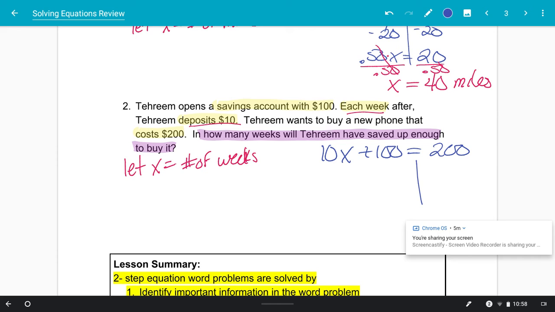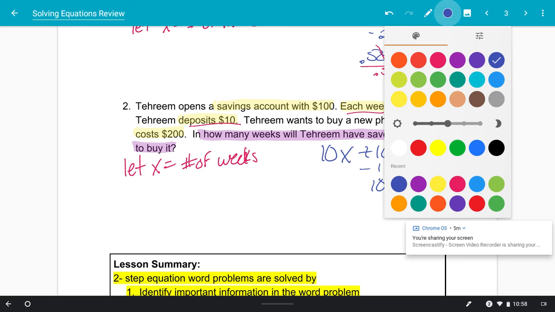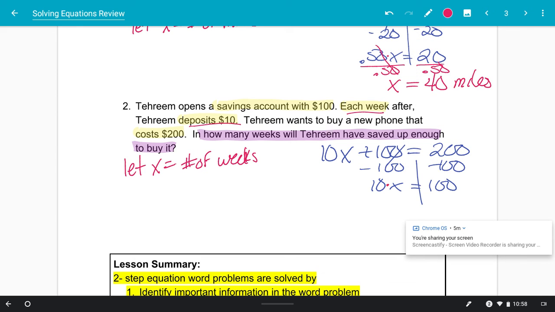So working backwards, I'm going to subtract the 100 from both sides. 10x, giving us 200 minus 100, giving us 100. All right, again, we are held together with multiplication, so we can undo that with division. And 100 divided by 10, giving us 10. And it's 10 what? We're talking about x is the number of weeks, so it's 10 weeks.